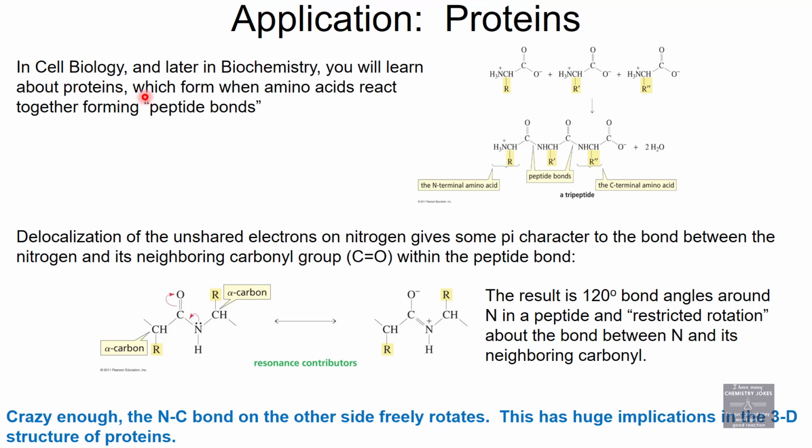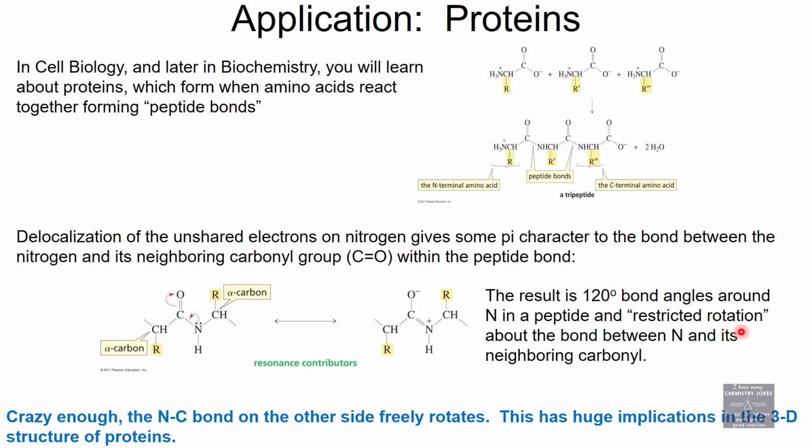Proteins and peptides are combinations of amino acids. And when amino acids get together, they make these things called peptide bonds. Peptide bonds all have pi character. And when something has pi character, it means it cannot rotate. No rotation around something that has pi character.